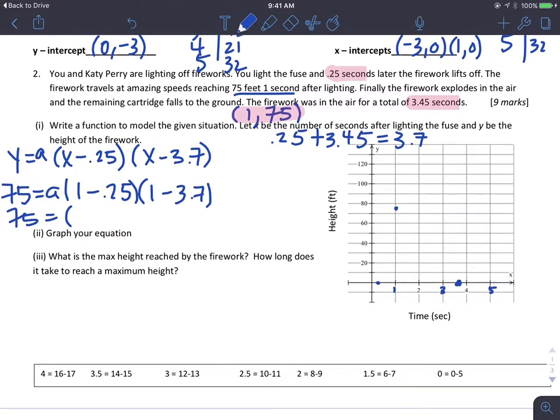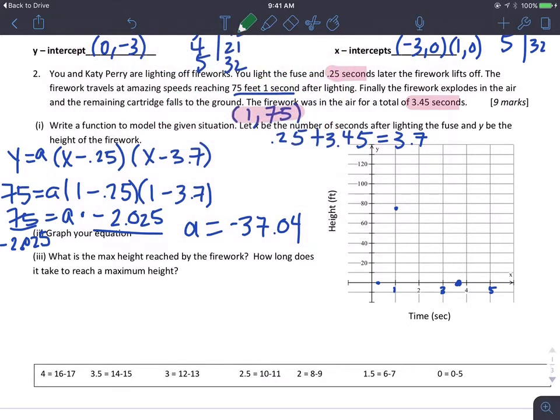Together, those multiply to negative 2.025. Divide that out on both sides. And we get A equals negative 37 point, I'm going to round this to 04.